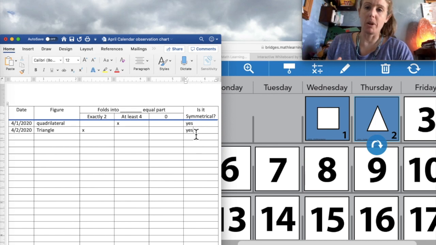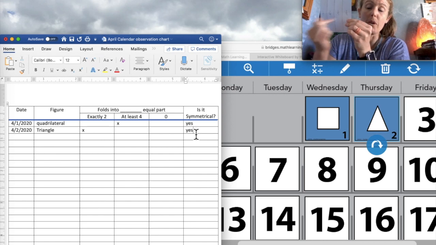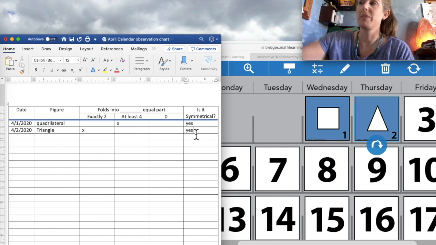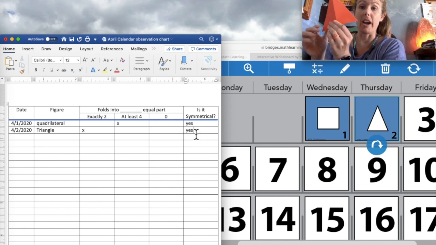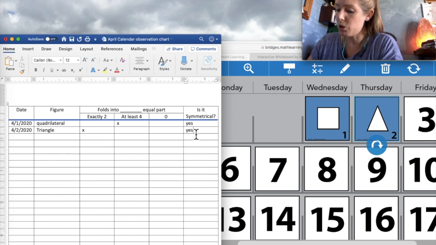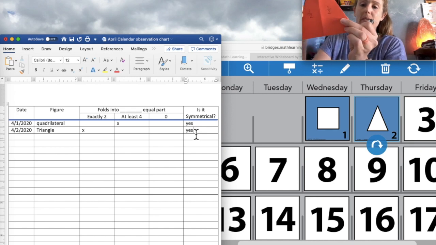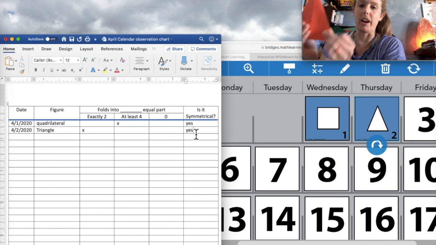And same with our long skinnies that we could have folded it into. 1/4, 2/4, 3/4, 4/4, equaling 4/4 is a whole there. So today was our triangle, and I will label that here. So we had 2 halves there, 2 halves.